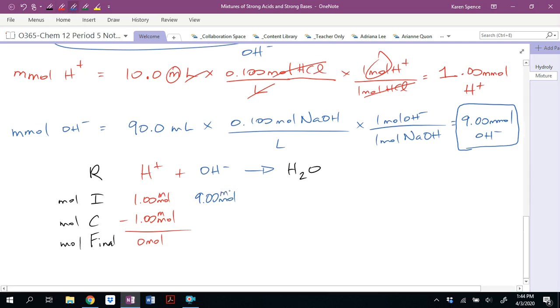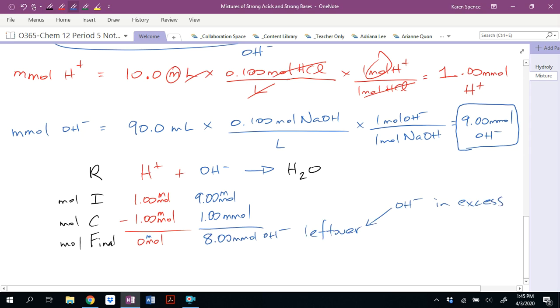There we go, millimoles everywhere. 0 millimoles. Okay, and if we're using up 1 millimole of H, we are also going to be using up 1 millimole of OH minus. And that's going to leave us with 8 millimoles of OH minus left over. So OH minus is in excess.